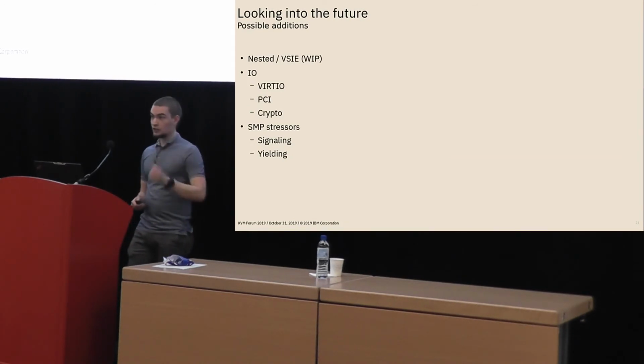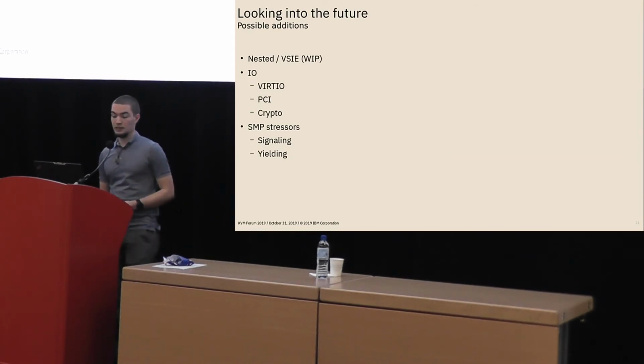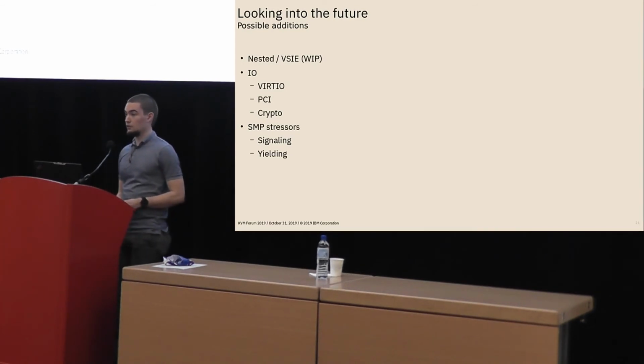Looking at the future of Kvm-unit-tests for s390, I want to add some nested test cases. We have a huge blind spot when doing I/O. Problem with I/O is it usually needs a lot of configuration.